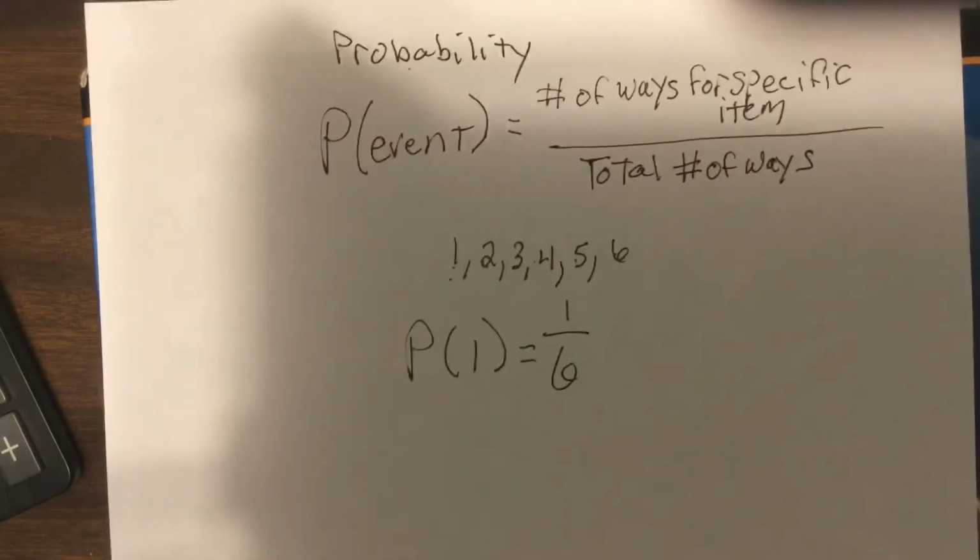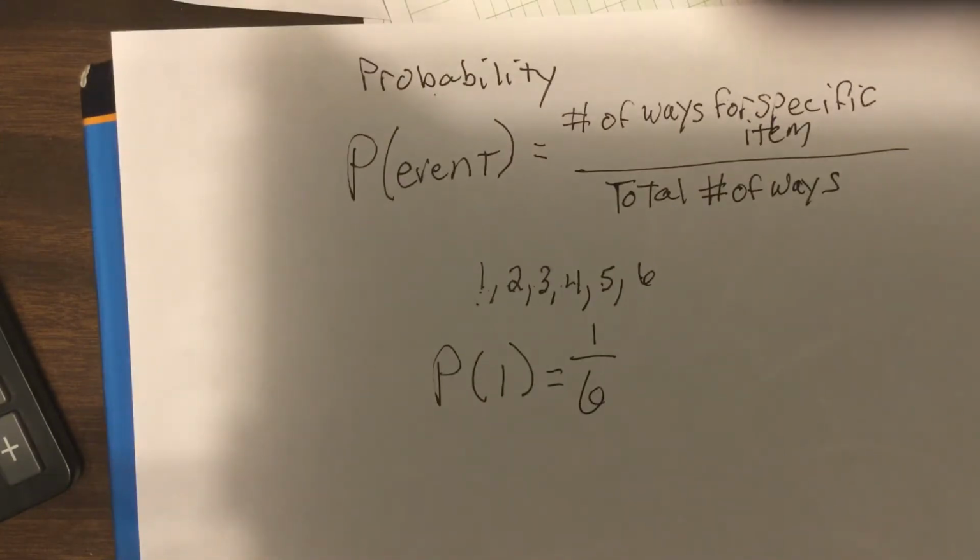So if you roll a number cube for infinity, 1 out of every 6 rolls would be a 1. Now, you could roll it 10 times in a row and never get a 1 because that's a small sample size.